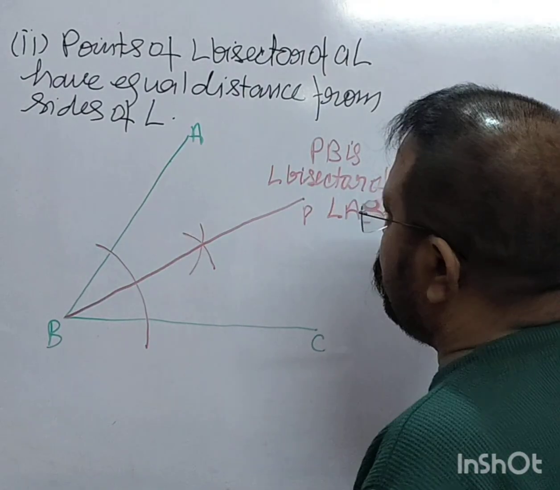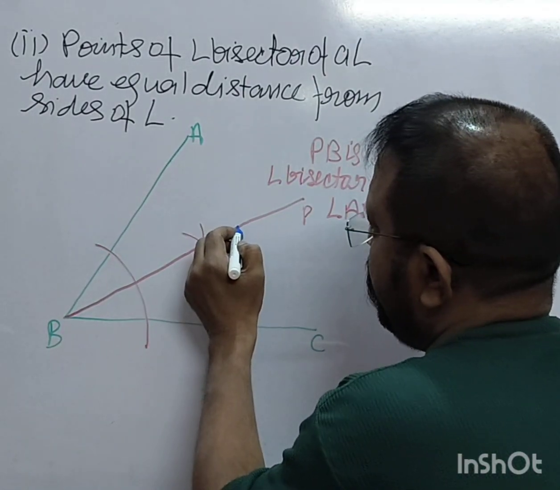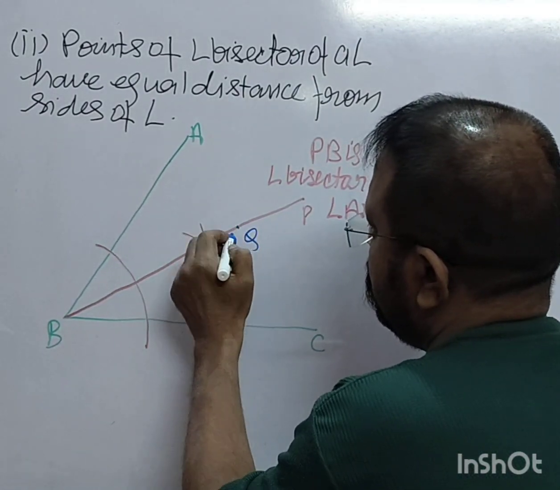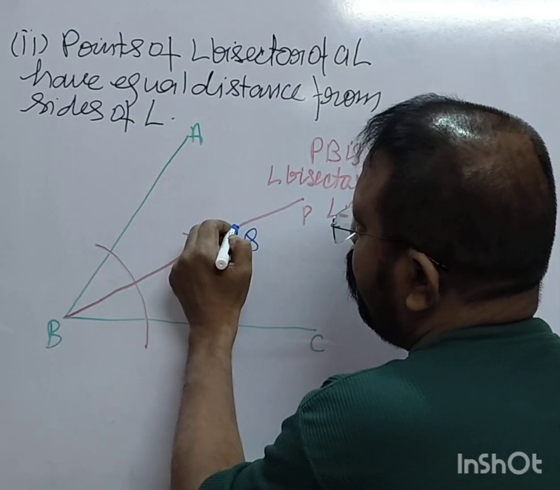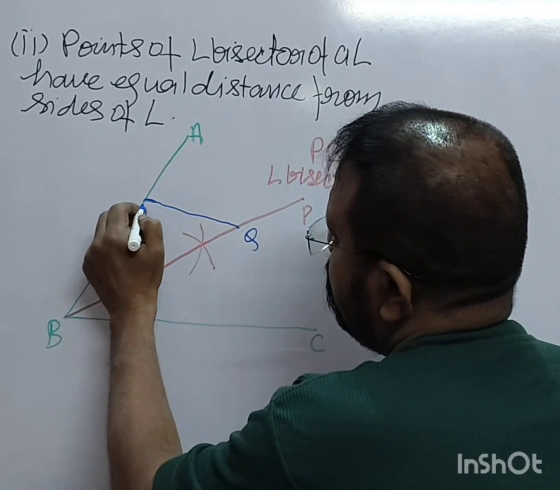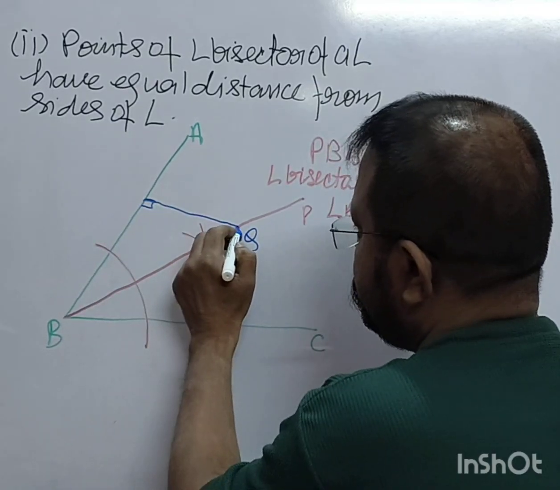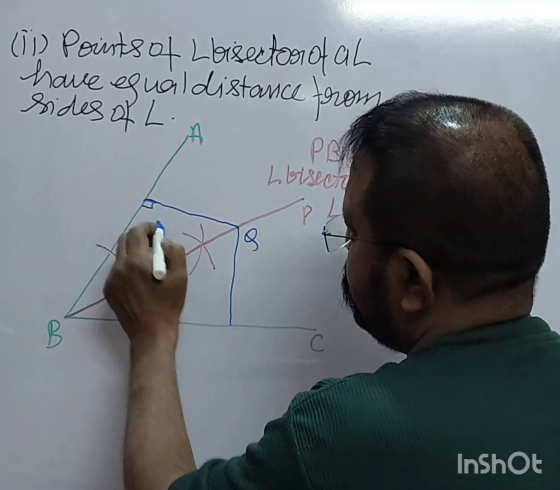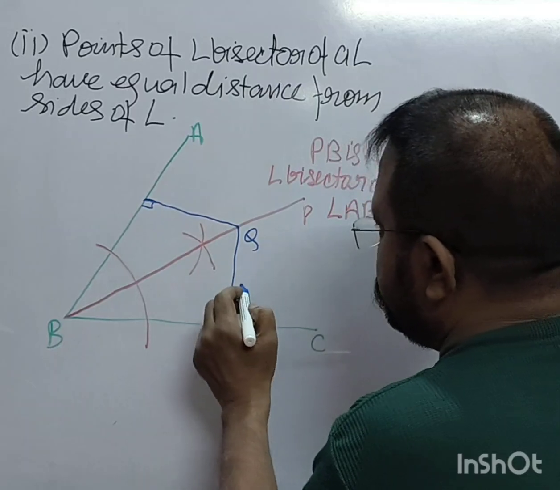You draw a perpendicular. There is a point Q. You draw a perpendicular from here like this, and this is also a perpendicular, by construction.